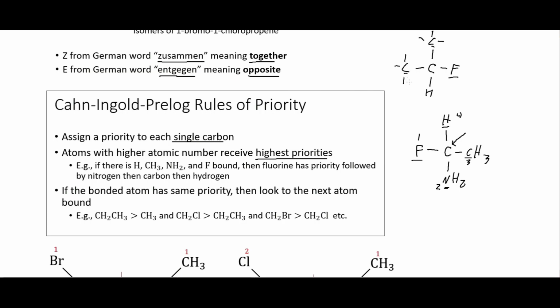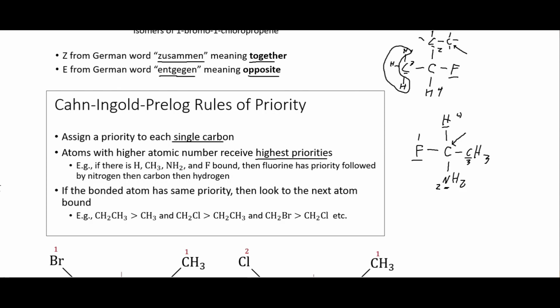And so then we look at the priority of the things bound to them. And so say this one has a further C bound to it, but this one has only H's bound to it. And so this one has a carbon bound to it which is higher priority than any of these H's here. And so we would call this the second highest priority, third, and fourth.